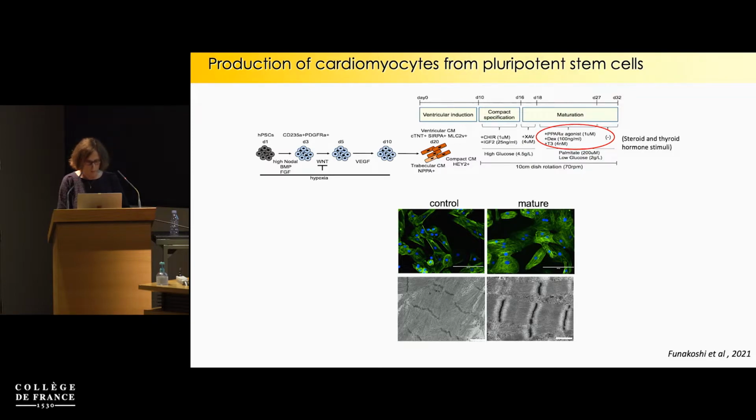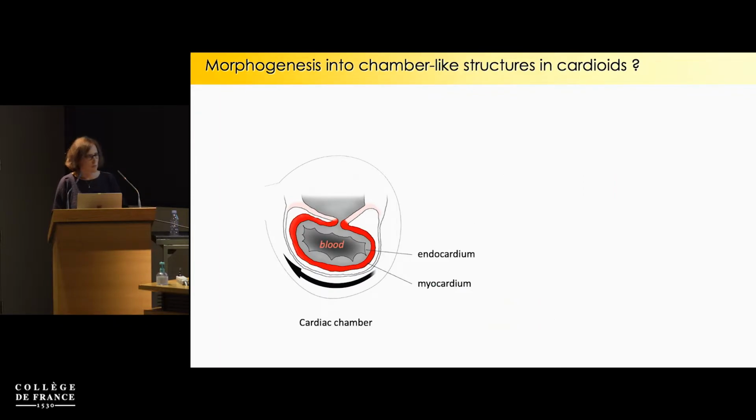So what's going on then when the cultures are done in 3D? Because in vivo, the myocardium is organized and has a shape. And in chambers, for example, you have a layer of myocardium which is covered internally by a layer of another cell type, the endocardium, lining the blood cavity.